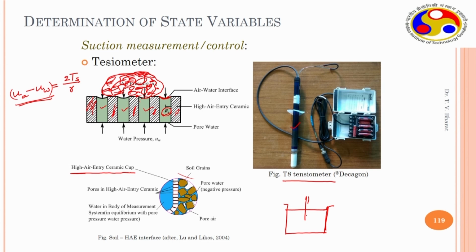and in which the tensiometer is placed. So, this is the tensiometer and this is the soil. When the soil gets dried with time, the reading of the suction value can be monitored or measured directly.